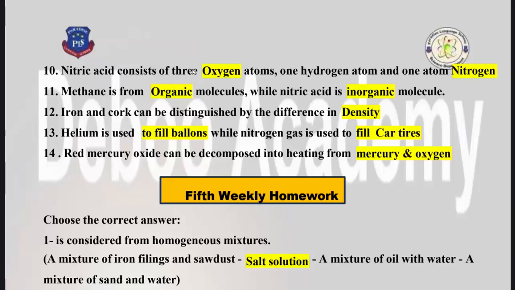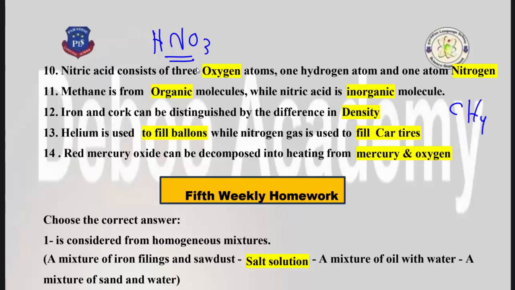Move to number 10. Nitric acid HNO3 consists of 3 oxygen, 1 nitrogen, and 1 hydrogen. Methane CH4 is an organic molecule, while nitric acid HNO3 is an inorganic molecule.